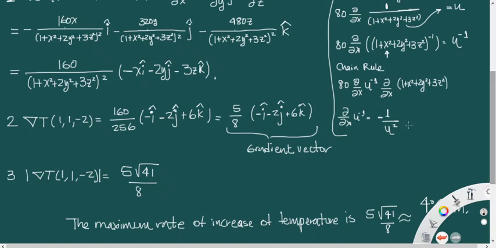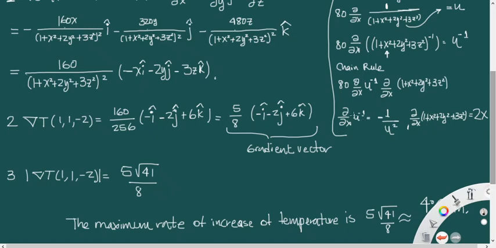And the partial derivative with respect to x of all this large expression here plus x squared plus 2y squared plus 3z squared is equal to 2x, because all those terms are considered constants and we are going to differentiate with respect to x, and the only value of interest there is the x squared.